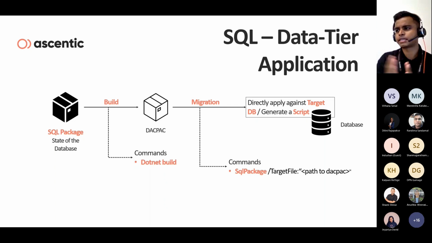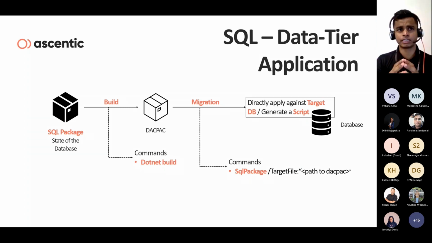If you want to migrate this DAC into your targeted database, you can run the SqlPackage command and generate a database script, or you can directly apply these database changes into a given target database.